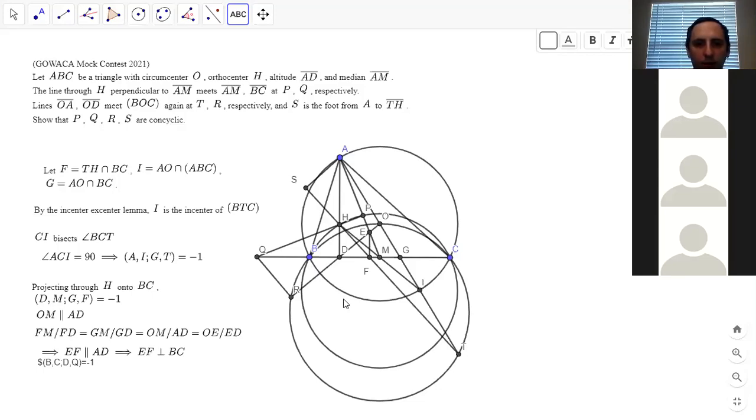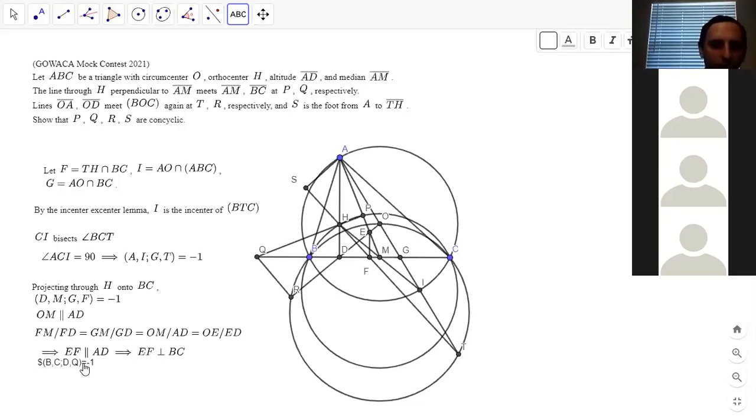It's probably not very hard, but I'm trying to think of the easiest way to show that. I know one way to show it. You could draw BH and CH, and then it meets the circle at two points, and you could show that.